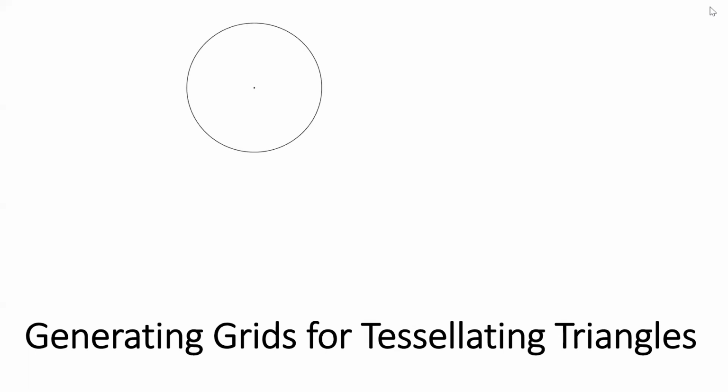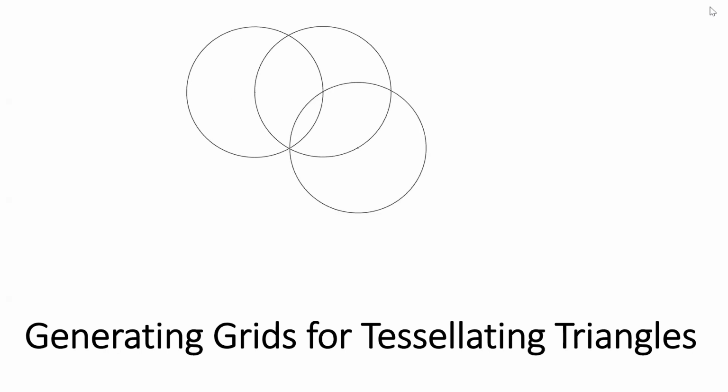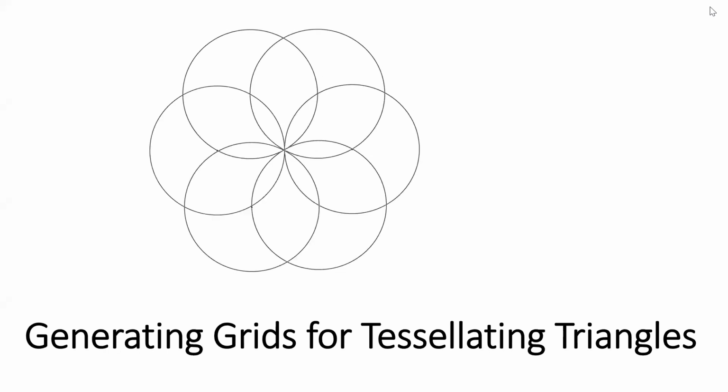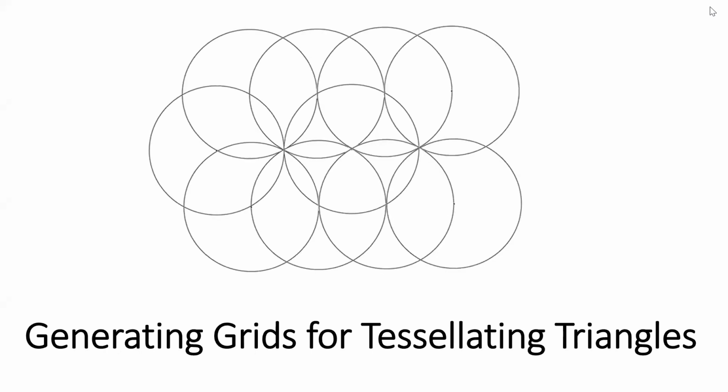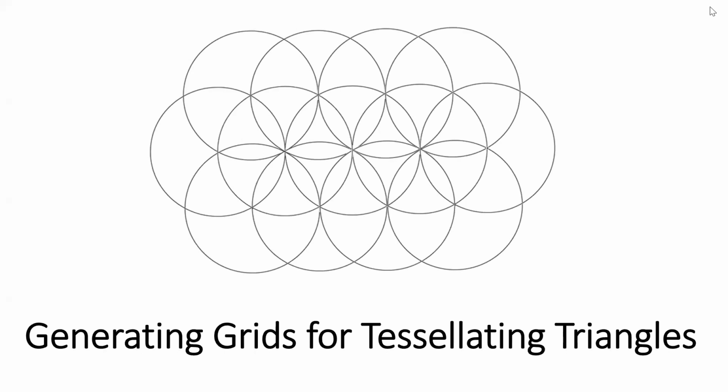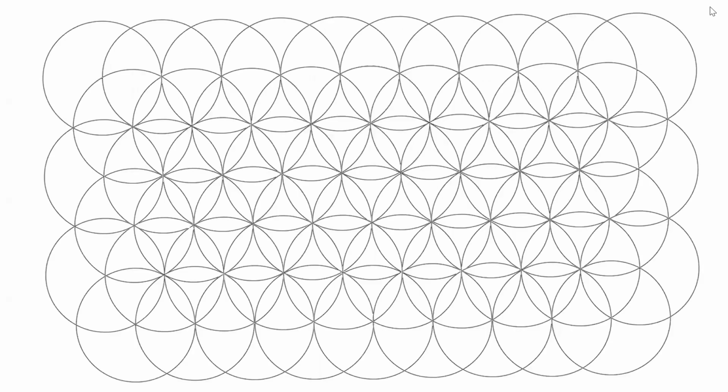And one way we could construct such a grid is by first drawing a circle with a compass, and keeping the radius the same, we can put the point of the compass on the circumference of the circle and draw another circle. And we can proceed around that central point and put 6 overlapping circles and get this little 6-sided flower inside. And we can actually carry on overlapping circles. I'm sure we've all played like that at some point when we were children and made these kind of designs.